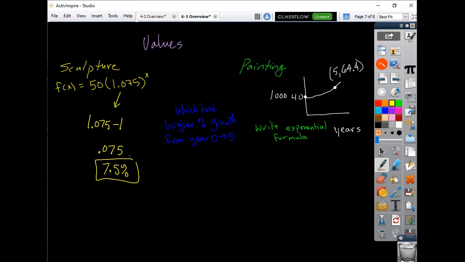And then we're going to come over to the numbers they gave us on this one. Well, how do we figure out what that amount is that it's growing by over here? I'm looking at these numbers and saying, is it 1,000? That point is 1,000, 40. That doesn't really make sense.